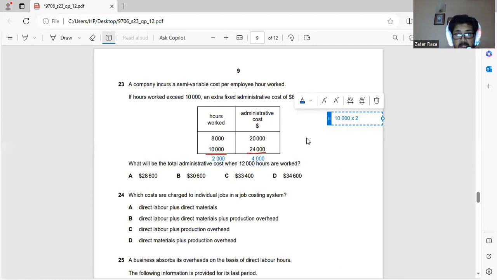This is the variable cost, $2. So it means 20,000 is the variable cost, and 4,000 is the fixed cost. 20,000 plus 4,000, plus we have to add that 600. That means 24,600. 24,600 is the answer, I think. Okay.